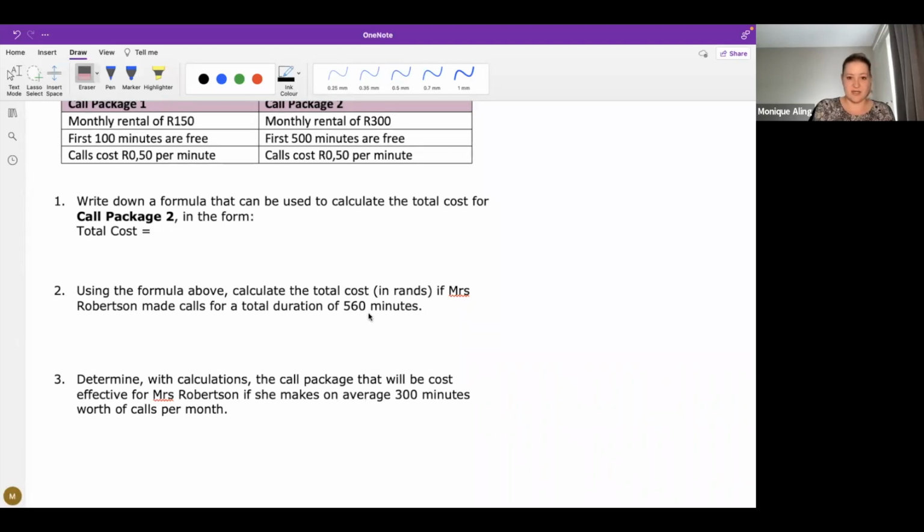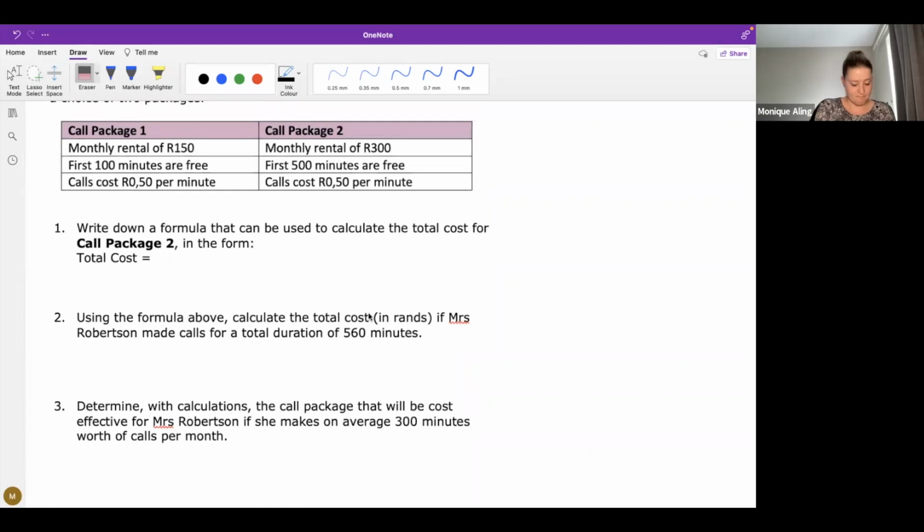Okay, just gonna check here. What was your working out for call package 2? I said 300 plus open bracket, 300 minus 500, close bracket, times 0.5 or 0.50.